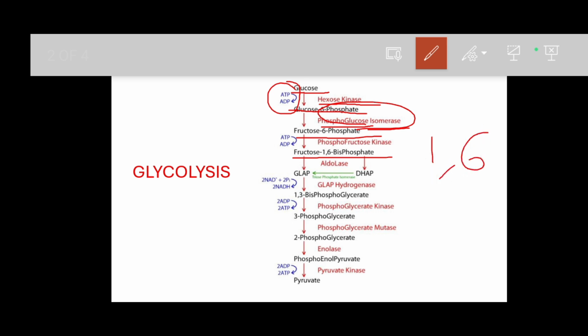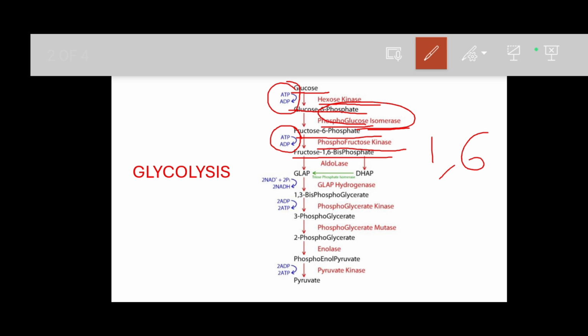The enzyme used here is phosphofructokinase. We have seen earlier that kinase enzymes utilize ATP, so ATP to ADP conversion is also involved here.